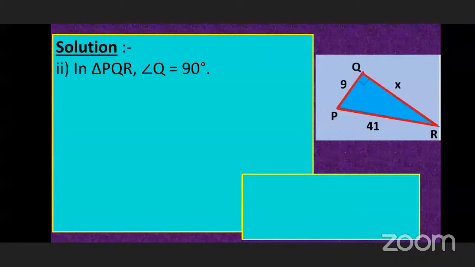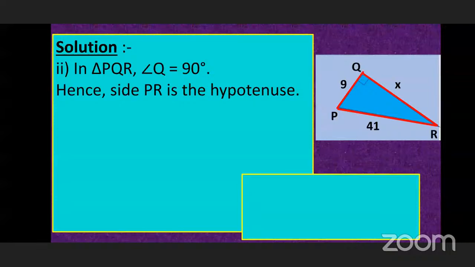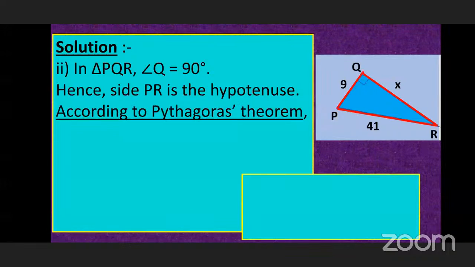So solution. In triangle PQR, angle Q is 90 degrees. Hence, PR is the hypotenuse. And according to the Pythagoras theorem, children, can you tell me the formula? Yes, excellent.